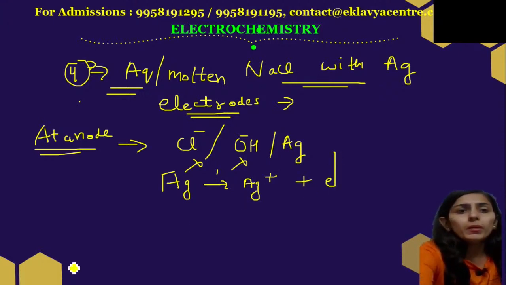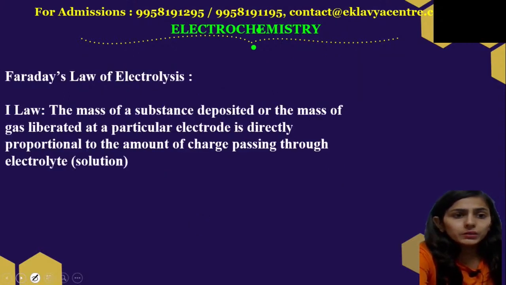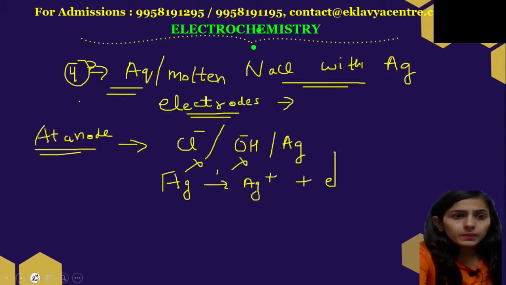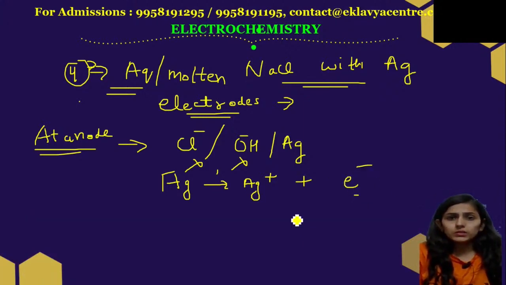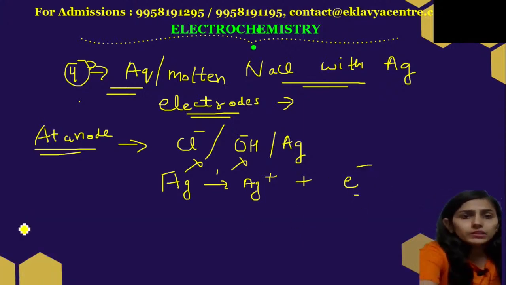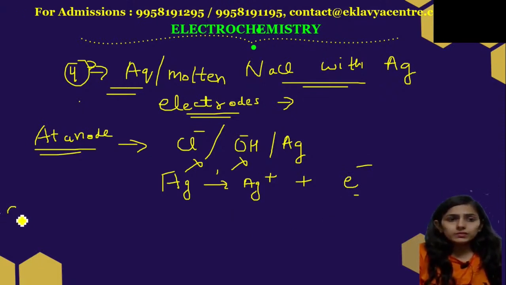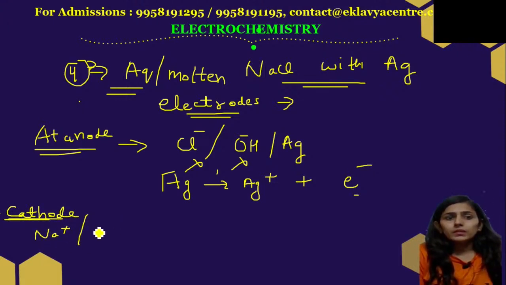Now let us talk about cathode. What will happen at cathode? This is a very special case which I am discussing today. At cathode, we know that reduction will take place of either Na positive, H positive, or Ag positive.